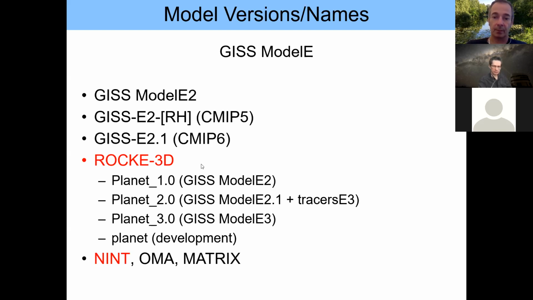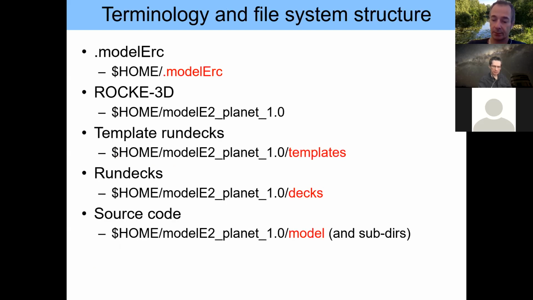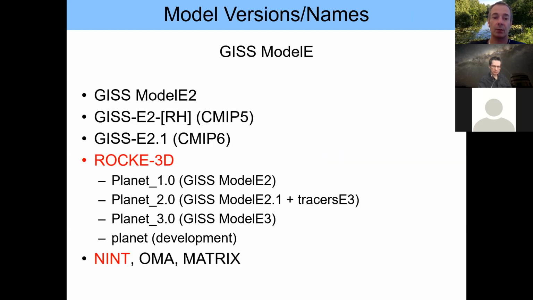Then there are three different versions. One is the Planet 1.0, which is the one that we'll be discussing today. Planet 2.0 is almost ready. There is one thing that is missing. It's a key thing that is missing, but it's only one. And this is why we're not presenting you the Planet 2.0.